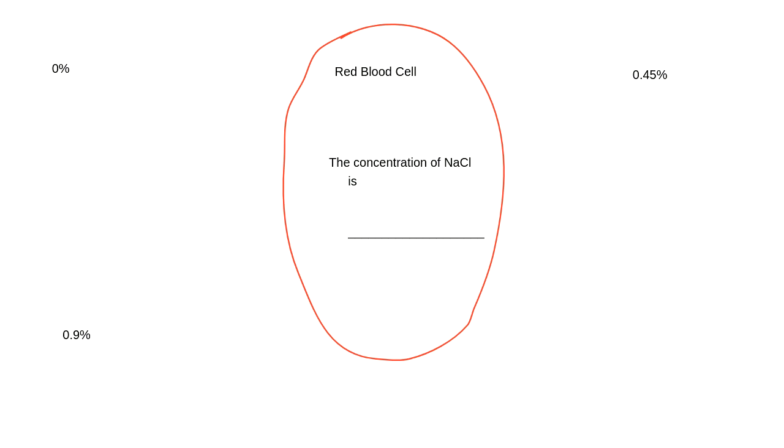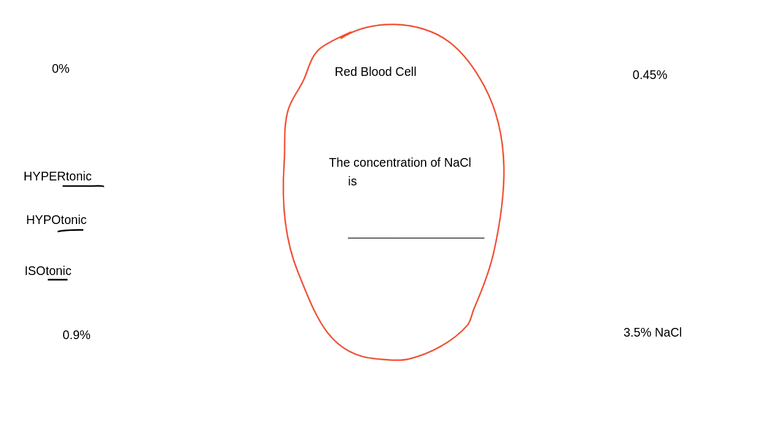Okay, so we talked about our words that we used here. We used the words hypertonic, hypotonic, and isotonic. Remember when we were talking about these words, this word tonic right here always means concentration.